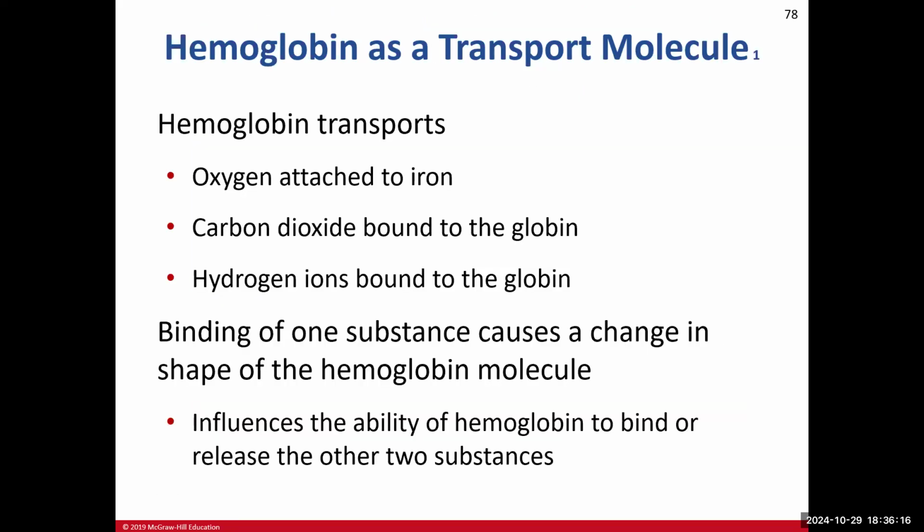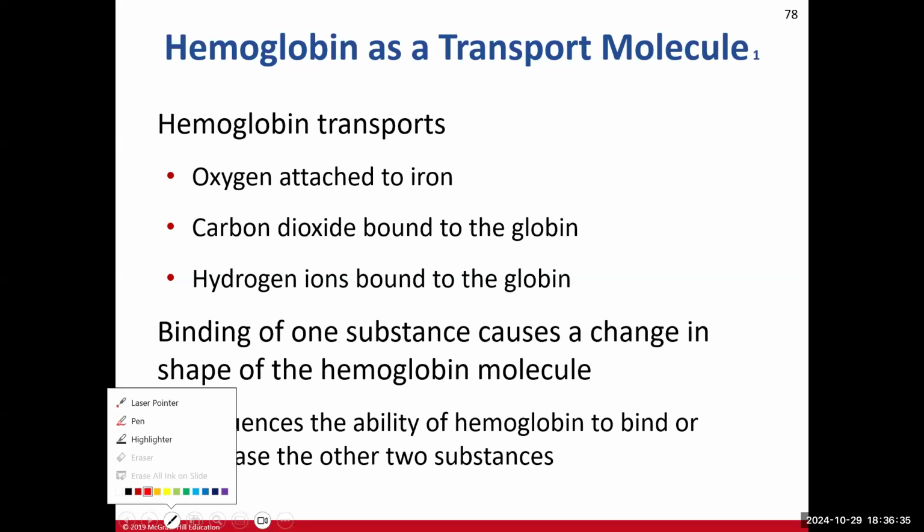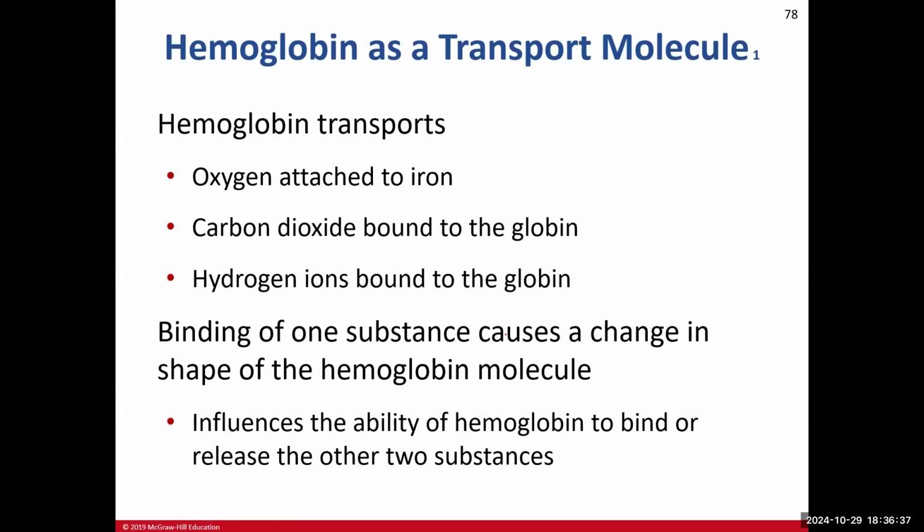So three things are going to be bound onto our hemoglobin: oxygen, carbon dioxide, and hydrogen. When they attach onto the hemoglobin and when they leave the hemoglobin, this is important, they are going to cause a shape change in the molecule.